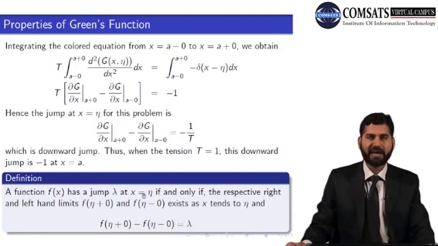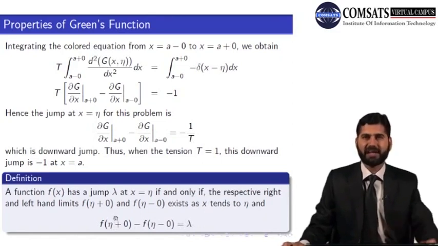So a function f(x) has a jump lambda at x equal to eta if and only if the respective right and left hand limits f(eta plus 0) and f(eta minus 0) exist as x tends to eta, and f(eta plus 0) minus f(eta minus 0) is equal to lambda. So if the difference between the right and left hand limit is equal to lambda, we call lambda the jump of the function.